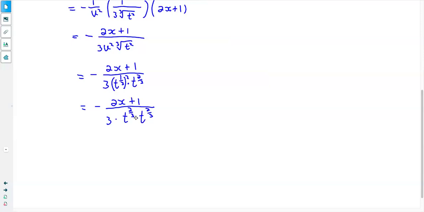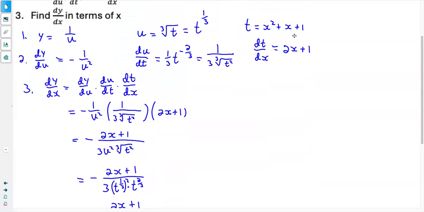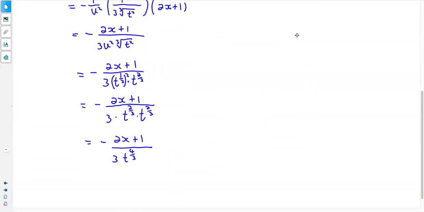Now, in this case, we can then simplify this, so we've got negative of 2x plus 1 over 3, and then from exponent laws, we add these exponents, so t to the power of 4 over 3. Now we might as well substitute in what our t was. Our t was x squared plus x plus 1.